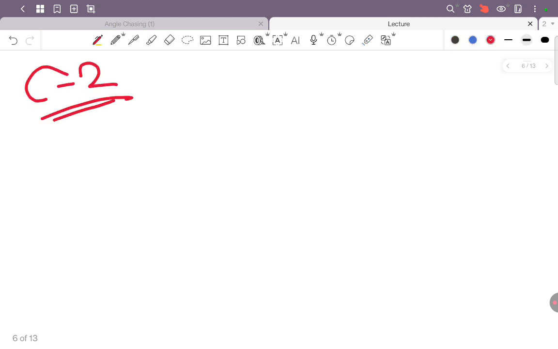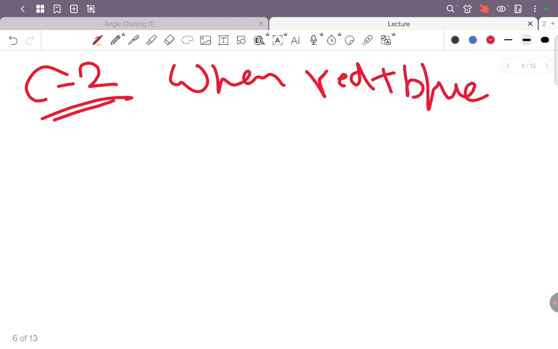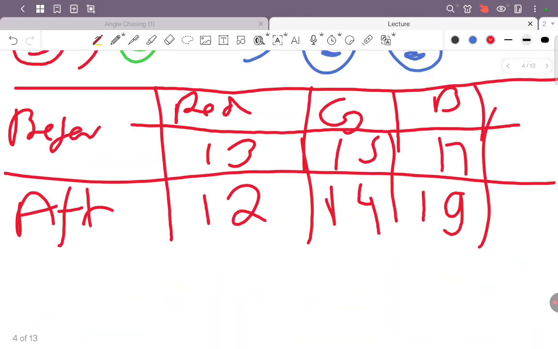So our case 2 is when red plus blue meet. So what happens? Let us see. We will draw our same table. Let me copy that.